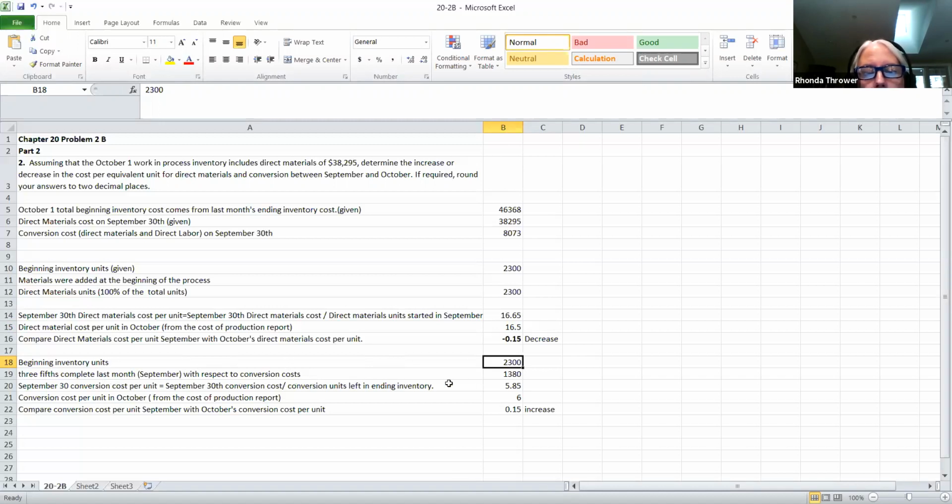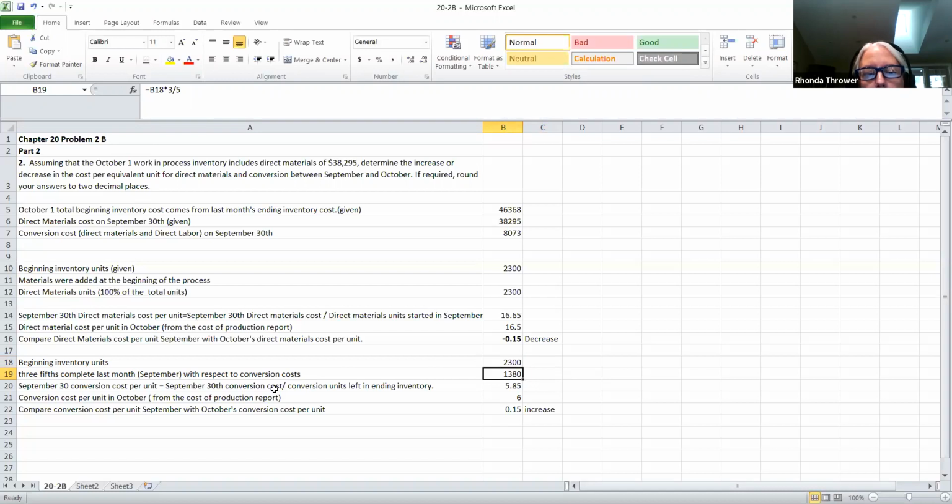If you multiply 2,300 times 3/5, that will give you 1,380. So this 1,380 is 2,300 times 3/5. That's the number of units that you have last month with respect to conversion.